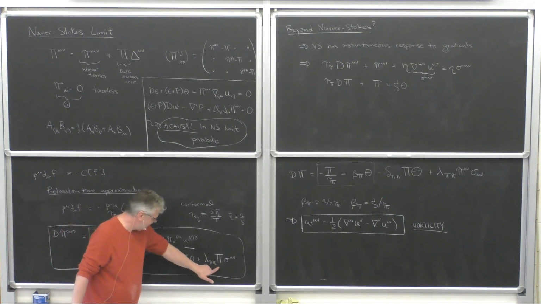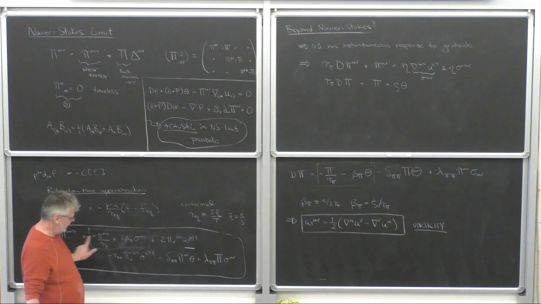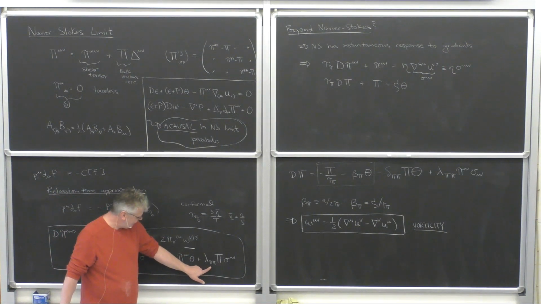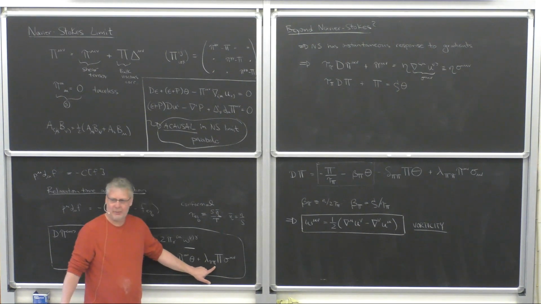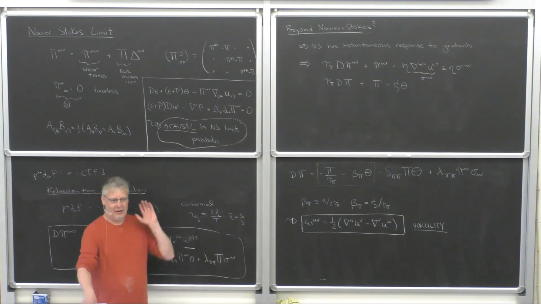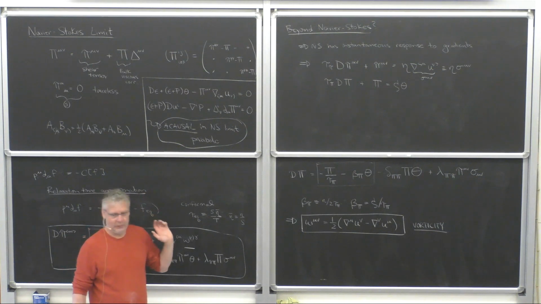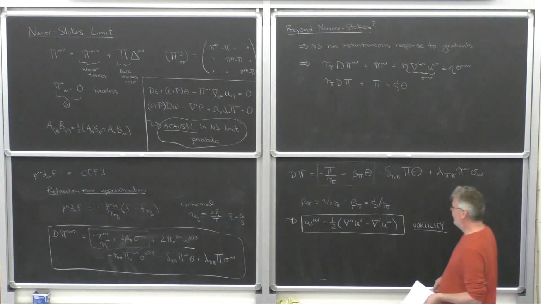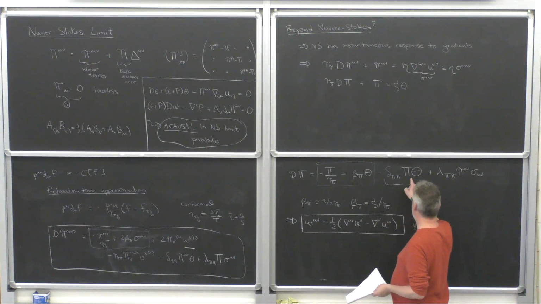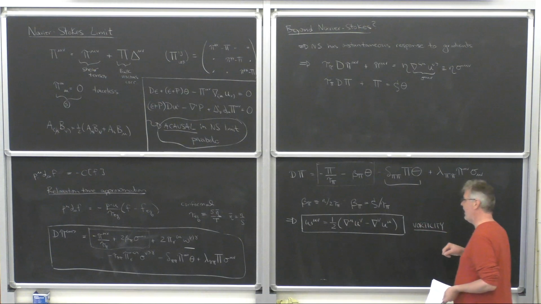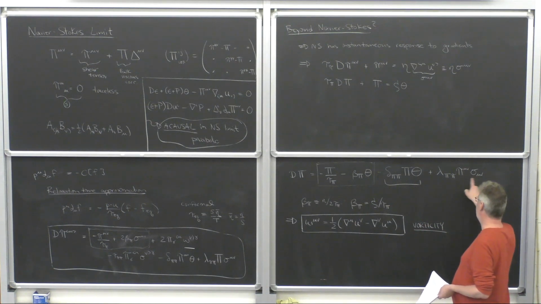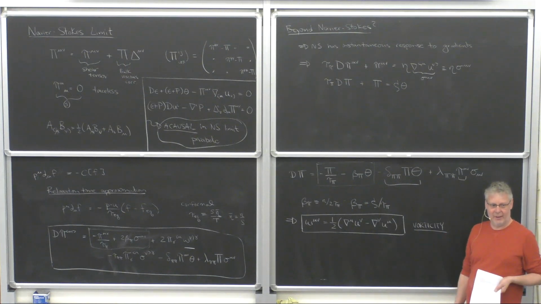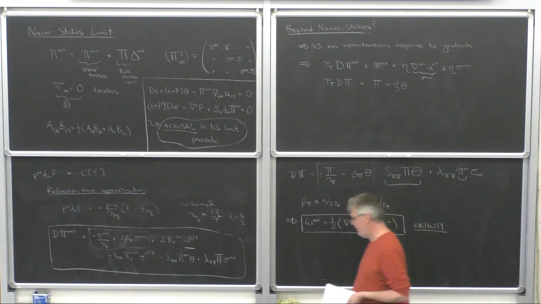And then there's this funny thing that's coupling the shear to the bulk, given by the transport coefficient lambda little pi capital pi. So there's now an actual coupling at second order between the two. Likewise, over here in the bulk equation, we get some big reaction to the gradients, which is encoded there, and then we have this coupling back to the shear. So now the shear and bulk are coupled. They're not independent anymore like they were in the original Navier-Stokes picture.